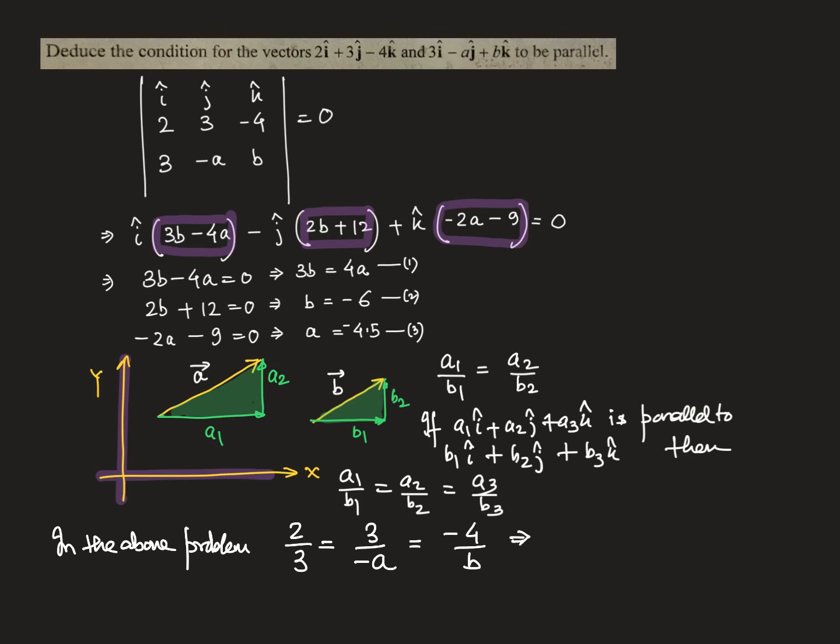So from here what you get is a as minus 4.5, and b as minus 6. Yes. So this is a much easier way to solve the problem. No cross product, nothing is required, by similarity of triangles.